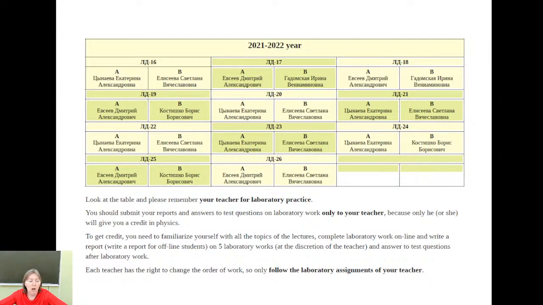For offline students, prepare for laboratory practice a sheet of paper, A4 format, and pen, pencil, ruler, and eraser, and graph paper. Prepare graph paper and download and print a title page. The title page is attached to the lecture.